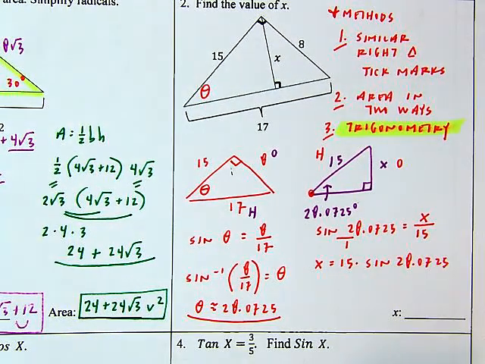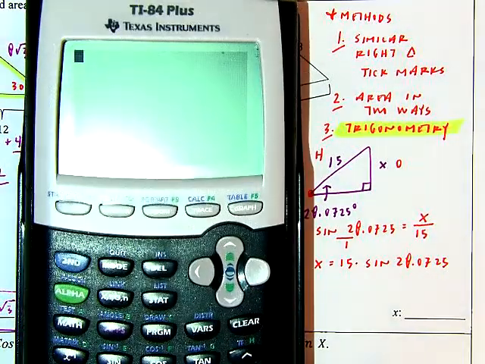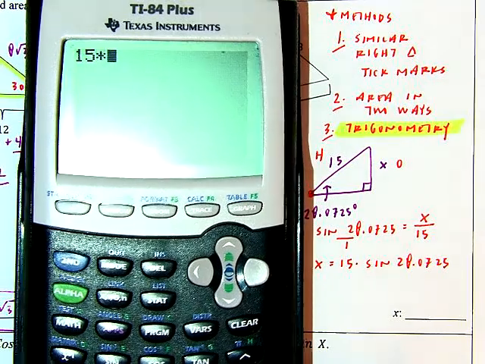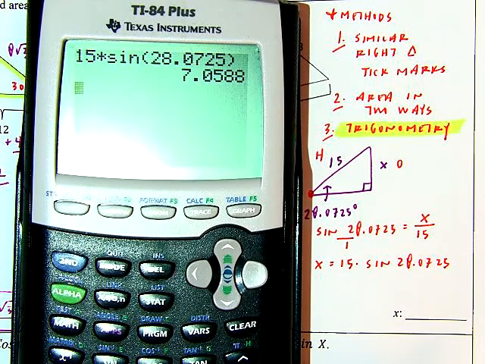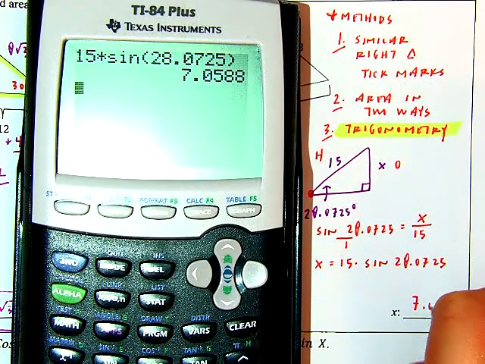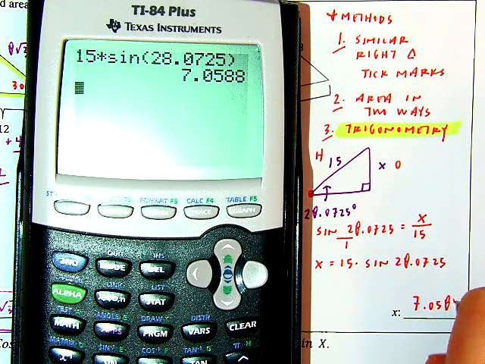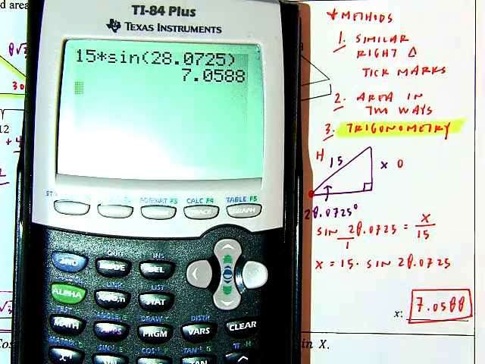So let me type that in. So 15 times sine 28.0725, and that gets me about 7.0588.